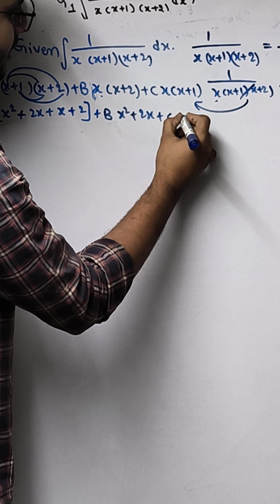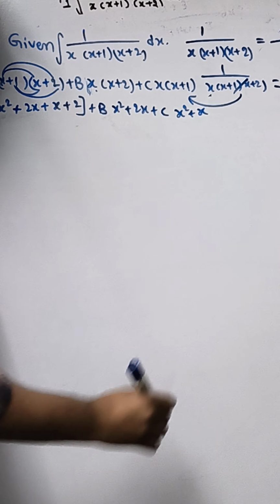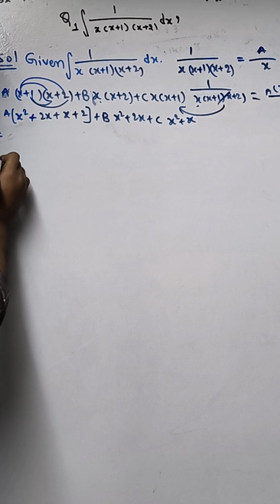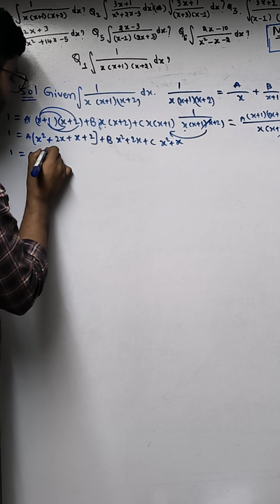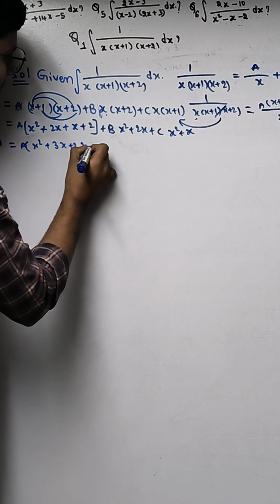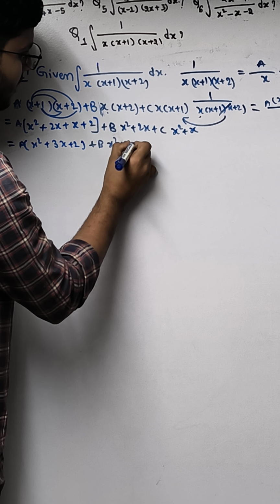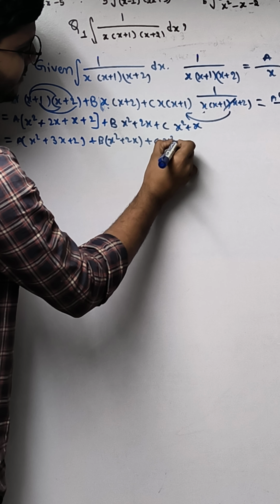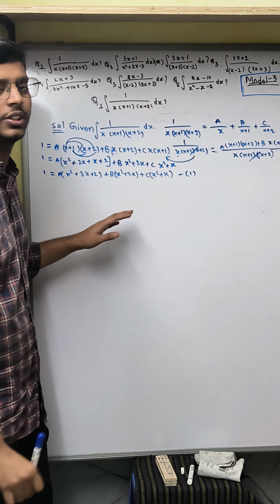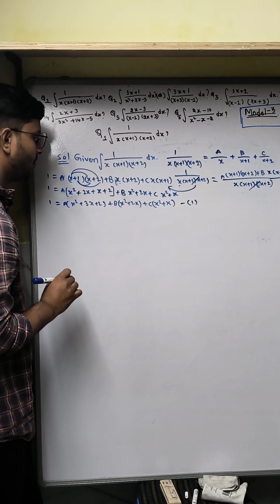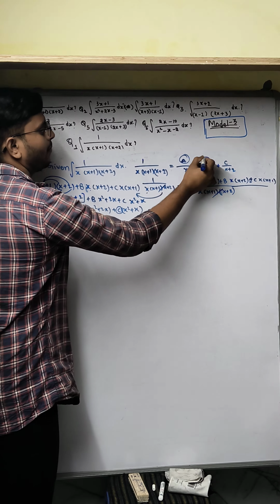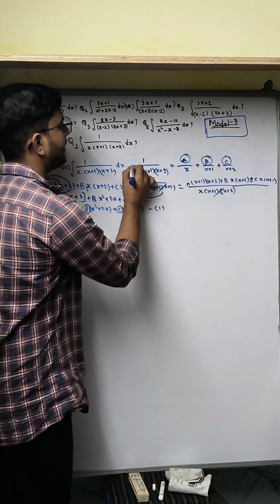These are simple things we can learn in the first class or fifth class. 1 is equal to A into x square plus 3x plus 2, plus B into x square plus 2x, plus C into x square plus x. Okay, this is equation number 1. Now we have to get A, B, C, and then we have to integrate.